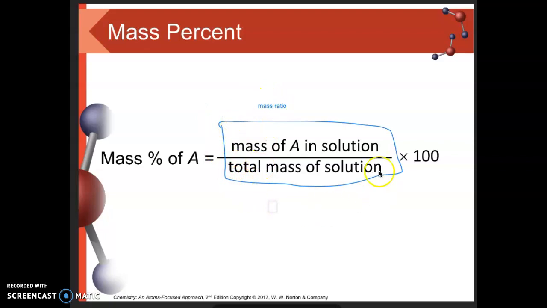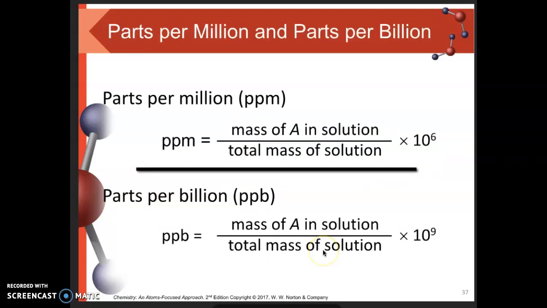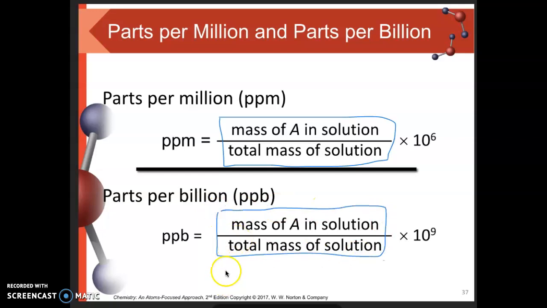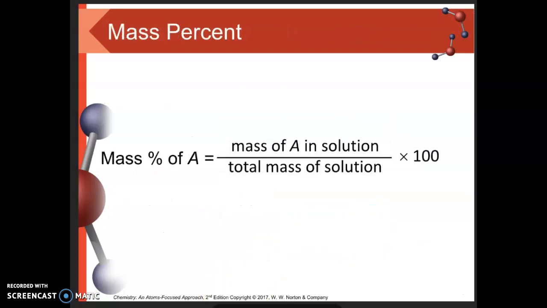Now I want you to pay close attention because I'm going to introduce a couple more units here, units that you've heard of, units that you've actually used in some of your labs, but maybe didn't have a whole appreciation for their context. And that would be parts per million and parts per billion. Notice that the mass ratio formula is the same as what it was in the previous slide.